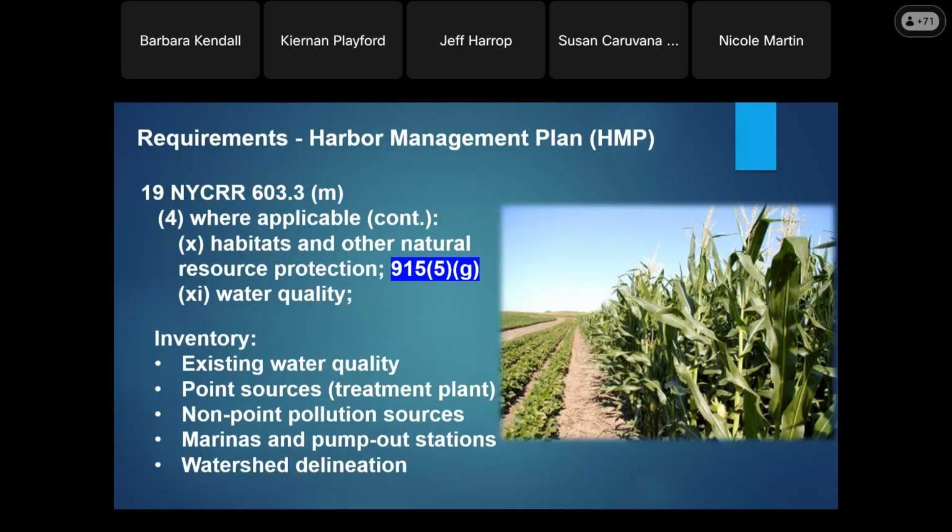Sometimes marinas and boating destinations, where concentrations of boats and fuel are being dispensed, can be areas where water quality is affected. There also might be areas that have pollution sources outside of your waterfront. So that's another topic where you can look outside your boundary and talk about what's impacting water quality within your boundaries in your harbor management area.